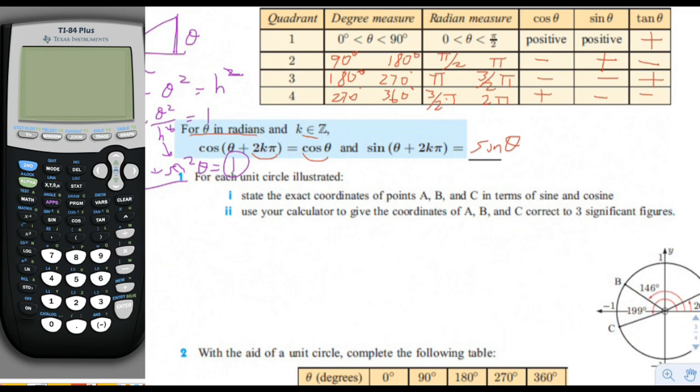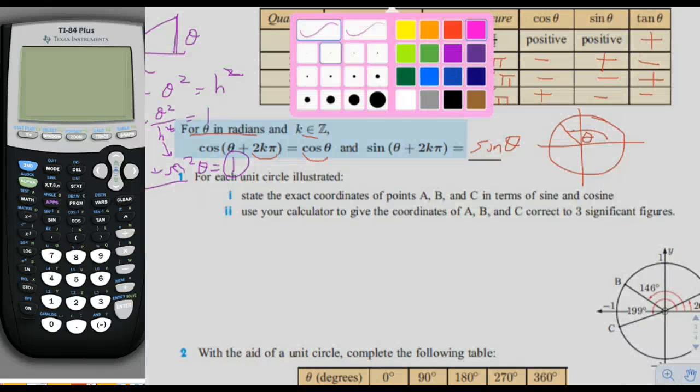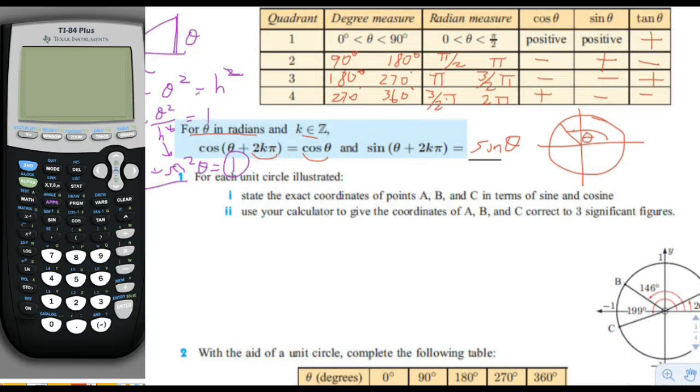All this means is that if you have the unit circle, and let's say this is the measurement theta, if you add 2 pi, any multiple of 2 pi, basically what you're doing is saying, hey, I'm going to add another 360 degree revolution on there. So basically you're back to where you started from.